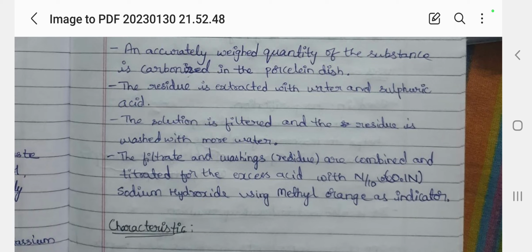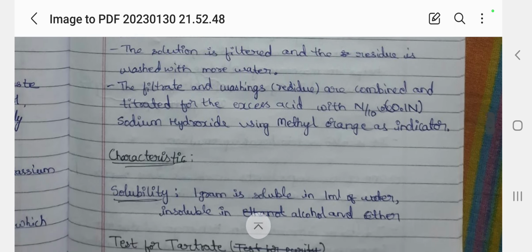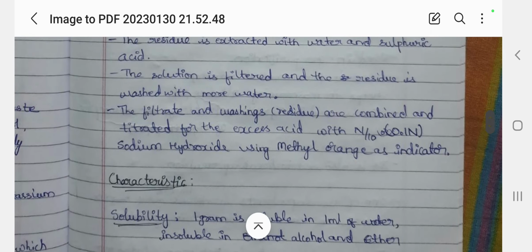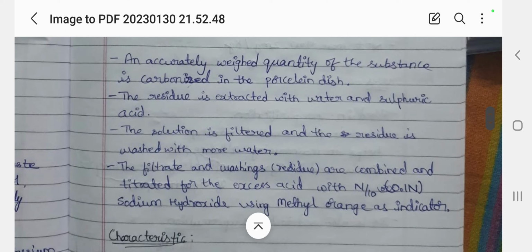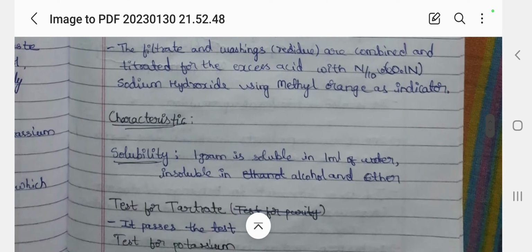After that, the filtrate and residue are combined and treated with 0.1 N sodium hydroxide using methyl orange as an indicator. So this is the overall procedure of the assay of sodium potassium tartrate.